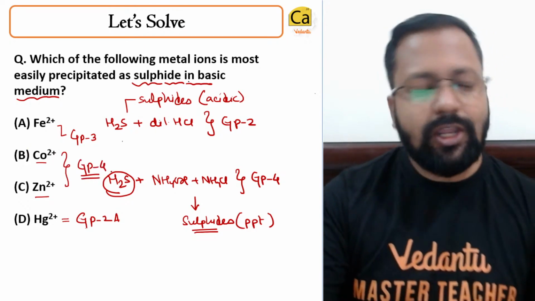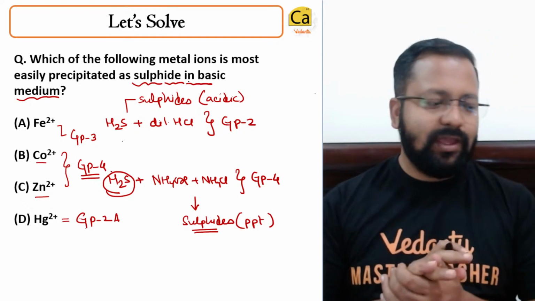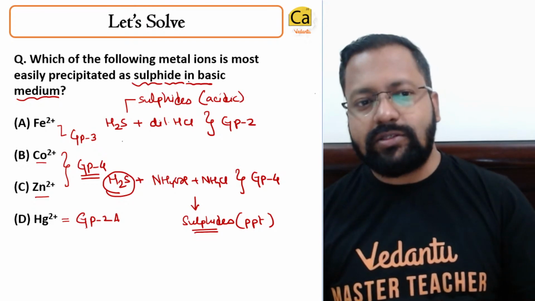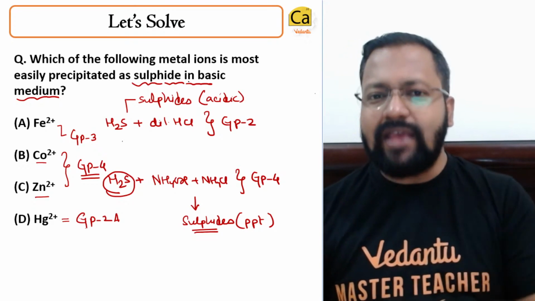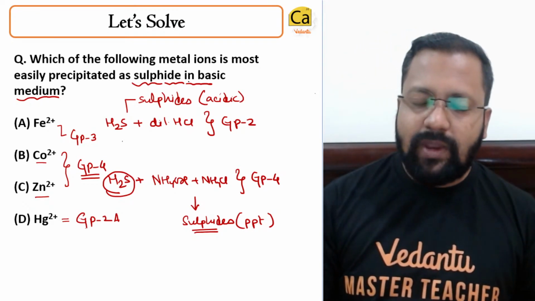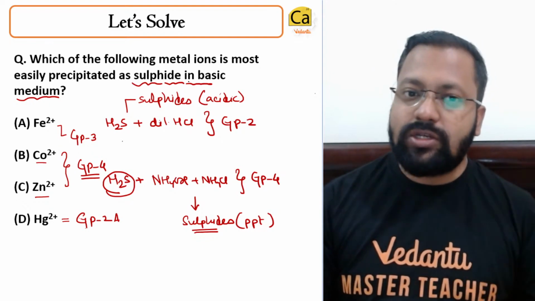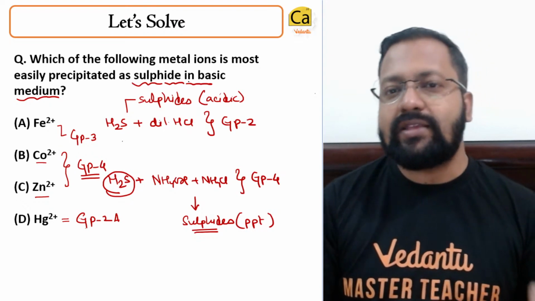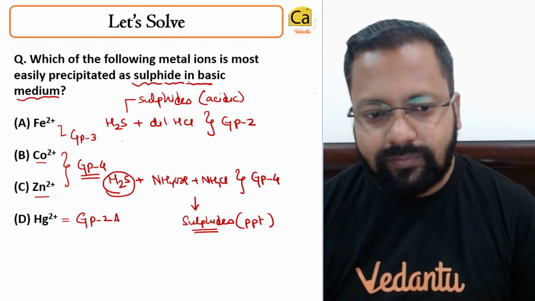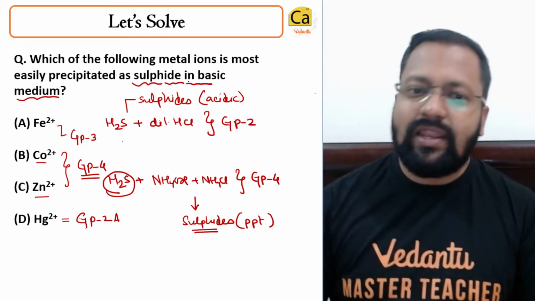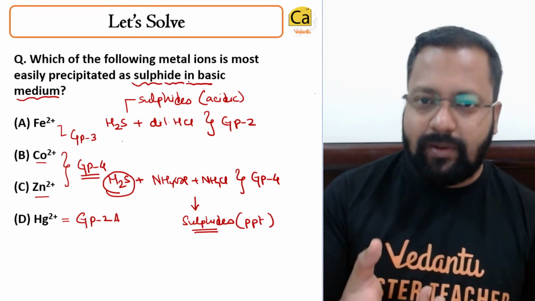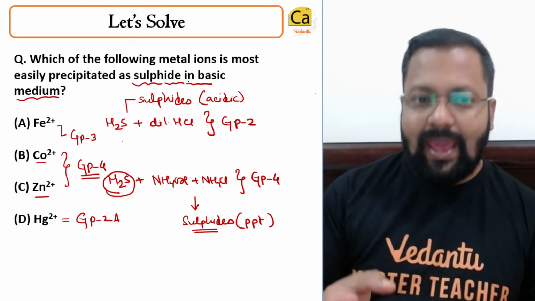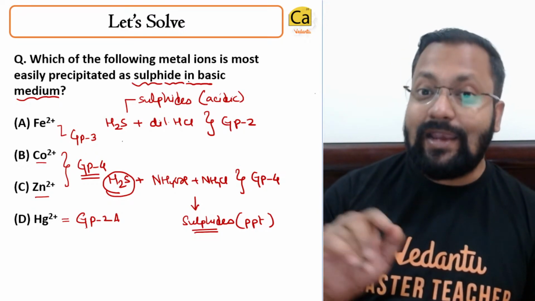Now the question is not which ions are precipitated as sulphides in basic medium. No, the question is which is most easily precipitated as sulphide in basic medium. So we can precipitate most easily those whose solubility products as sulphides are least.